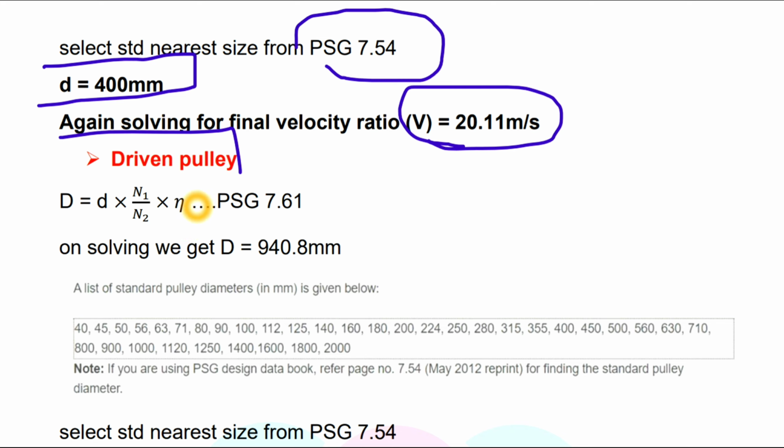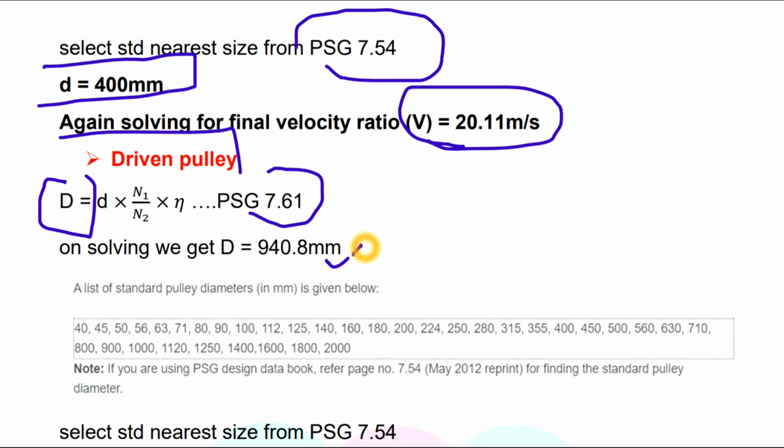For efficiency, you can take 98 percent, as in PSG 7.61 the efficiency value is given as 0.98. After solving, you get the diameter of the driven pulley, which will be 940.8 mm.